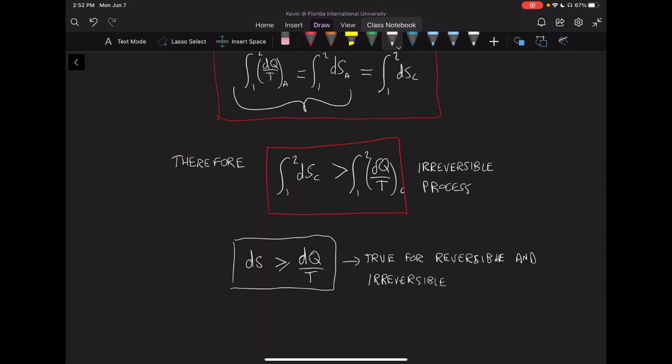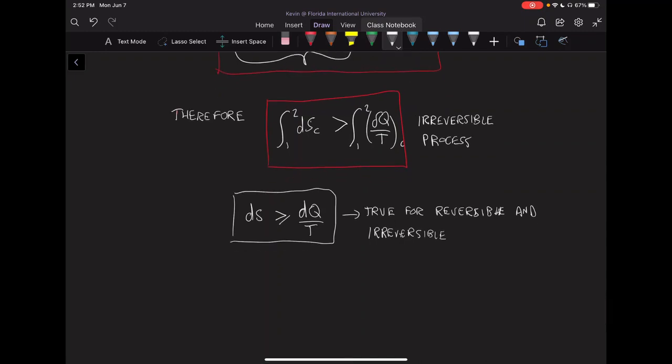So we know that S2 minus S1 is greater than or equal to the integral from 1 to 2 of dq over T. Okay, and that's going to be a very important relation to follow.